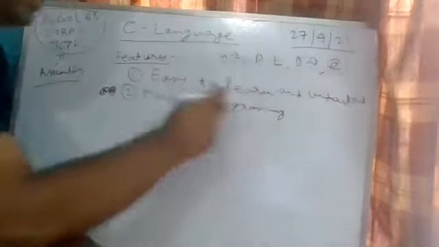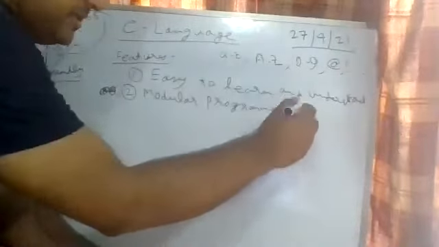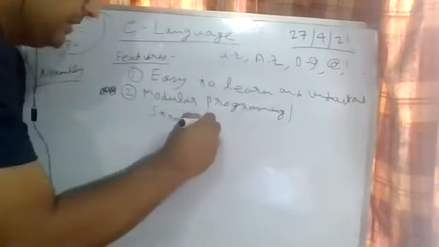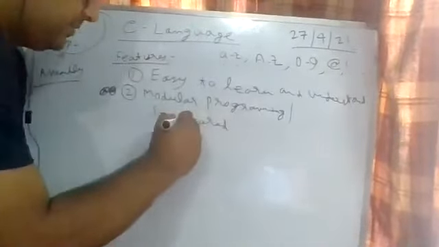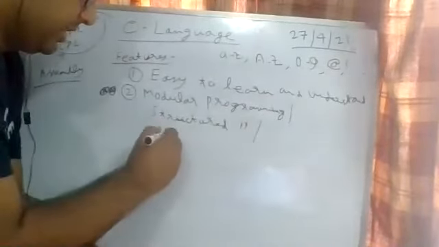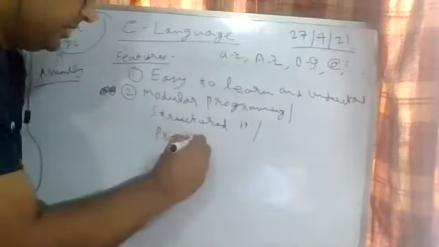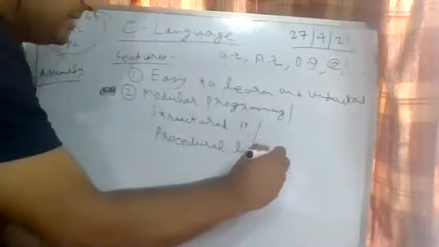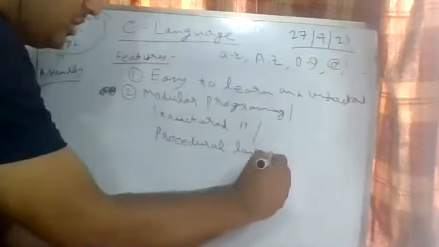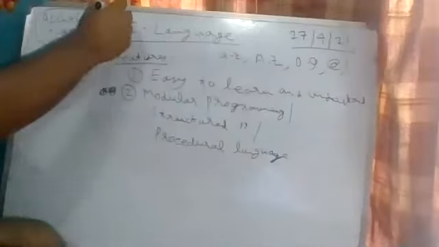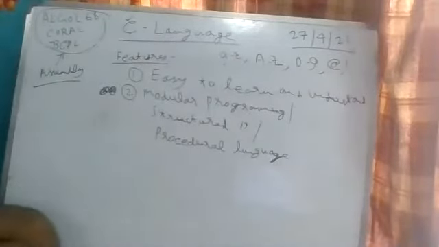Modular programming is sometimes called structured programming, or a procedural language. Any one of the terms can be used. If anyone asks you for an example of a procedural language or structured programming language, you can easily use C.